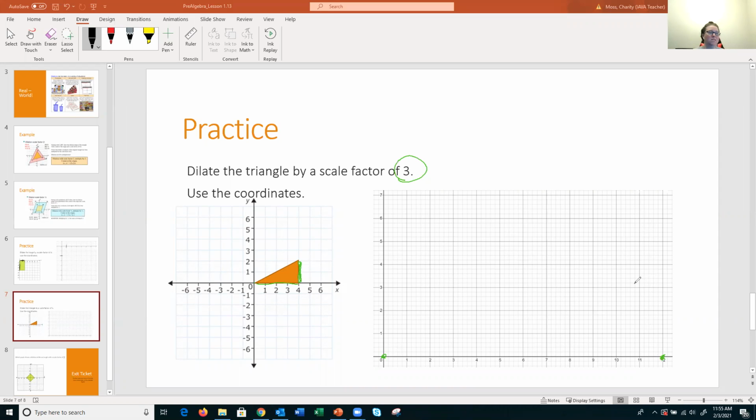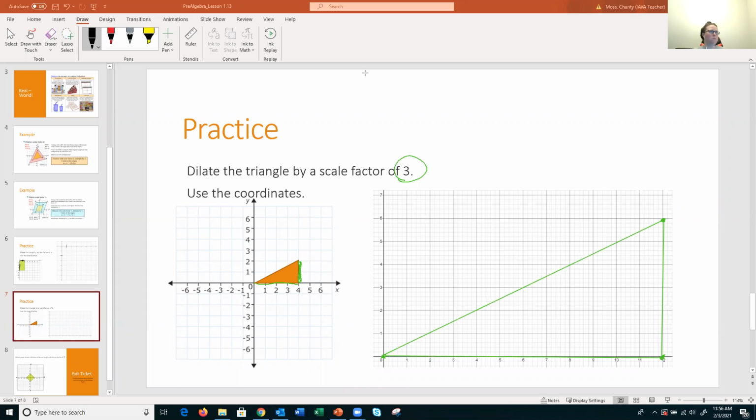So I'm going to expand that to 6 units. So that's going to be way up here. And then all I have to do is connect them. Again, if you want to test that rule and just multiply all the current coordinates by 3, you're going to end up with these coordinates.